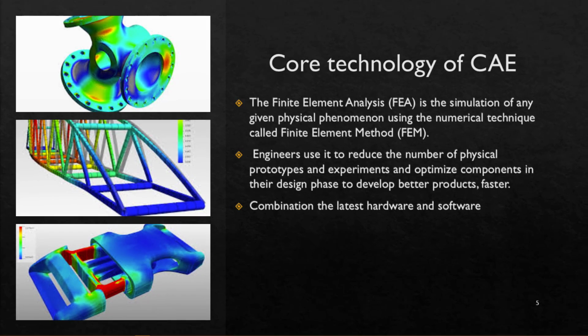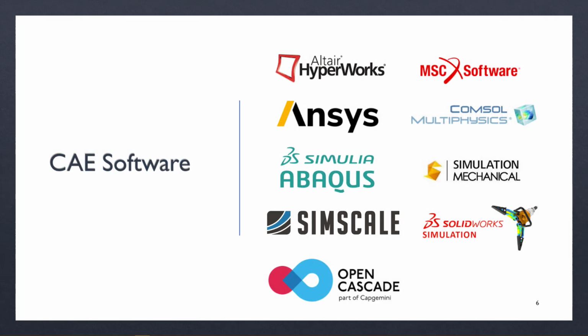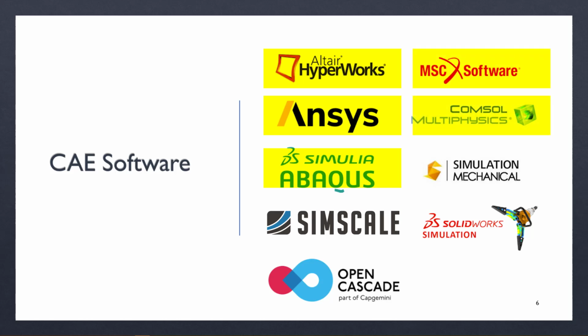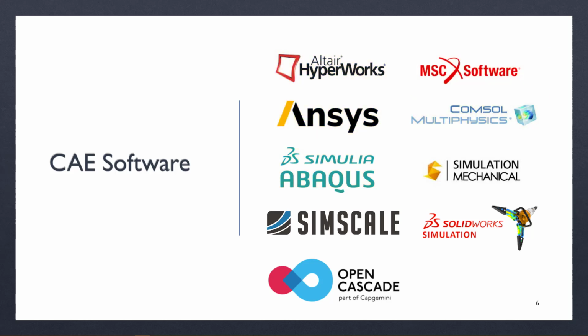Okay, now moving on to the next slide. Here we can see various CAE softwares that are available now in the market. HyperWorks, ANSYS, Abaqus, MSC Software and COMSOL are considered high end of the market. There is also other open sourced software which is free to use, for example OpenCascade.